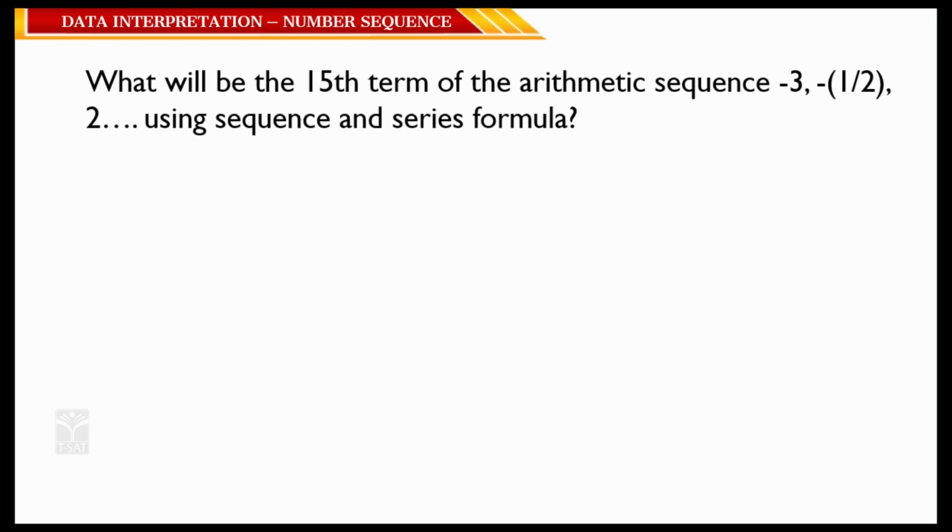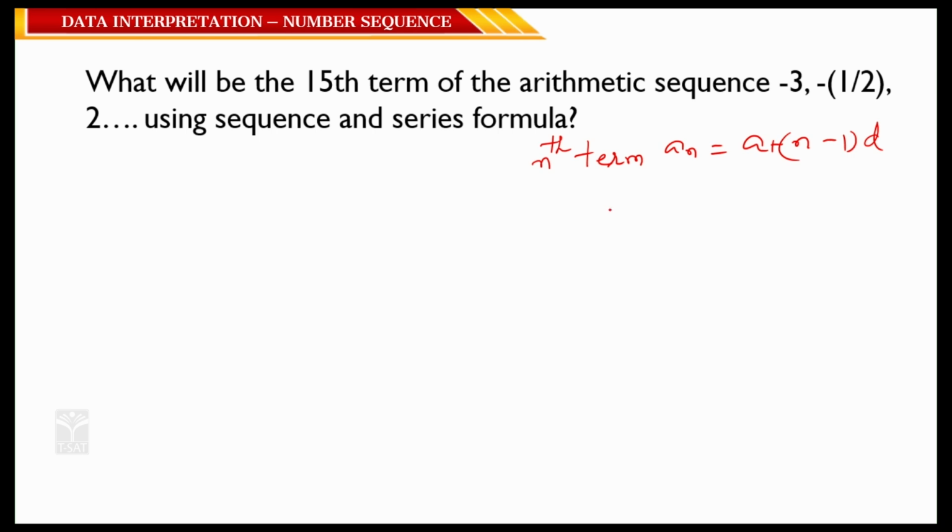So, simply, in an arithmetic sequence the nth term an is equal to a plus (n minus 1) d. This is the formula. Here a is the first term, n is the number of terms and d is the common difference. How do we find the common difference?